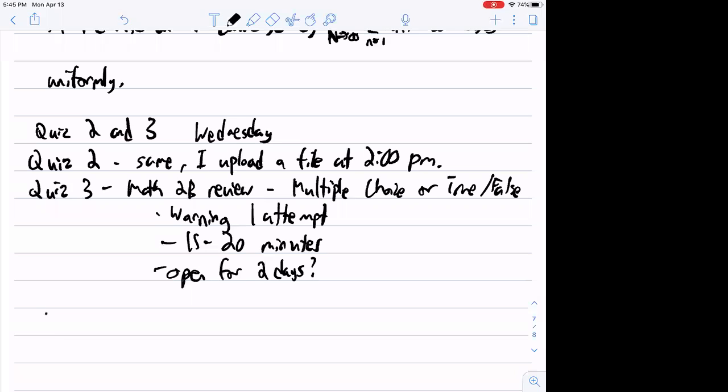So for quiz 2, the questions will be, basically know the formal definition of uniform continuity.